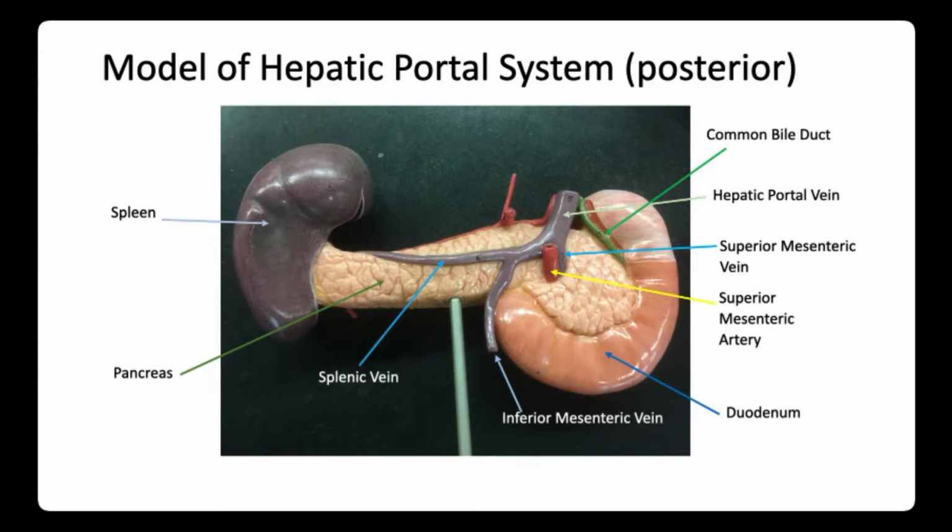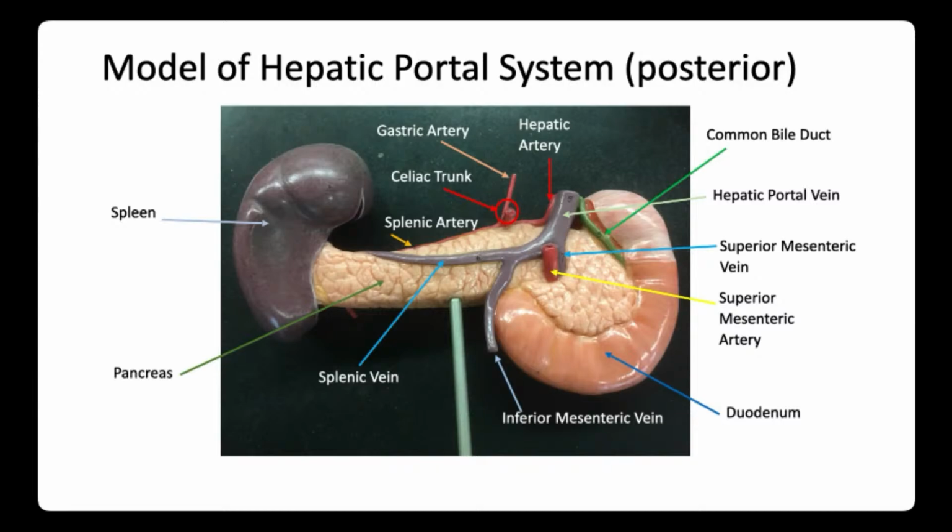Common bile duct. How about here? You got it. And here? That's right. Gastric artery. What about here? Yes, that's right. Celiac trunk. Here? Right on.